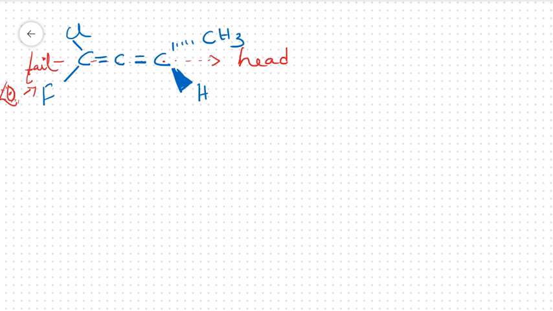So let us undergo the priority order. So this will be 1, this will be 2, this will be 3, this will be 4. Okay, so 1, 2, 3, 4 we have got. Okay, so let's see its configuration, 1, 2 and 3.